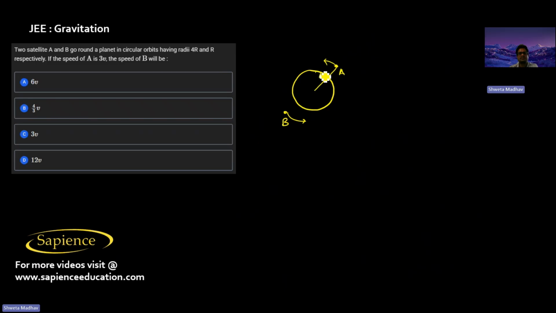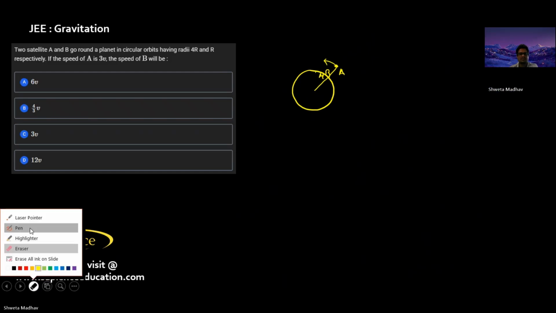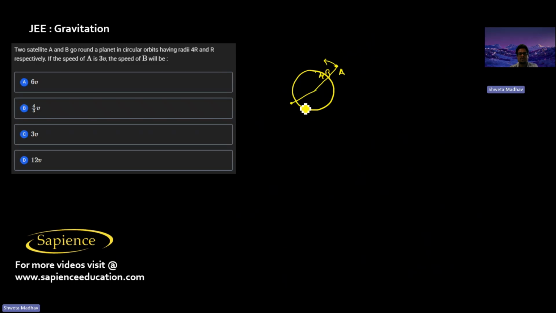So this radius is 4r and this radius, which should be slightly closer, is r. For B the orbital radius is r, for A the orbital radius is 4r. The speed of A is 3v, then the speed of B will be how much?